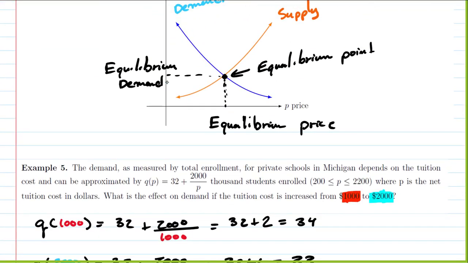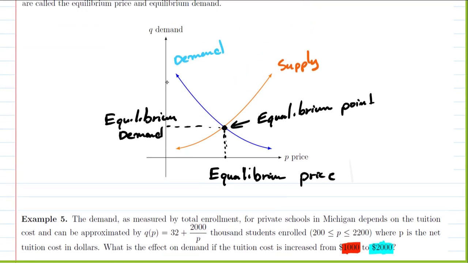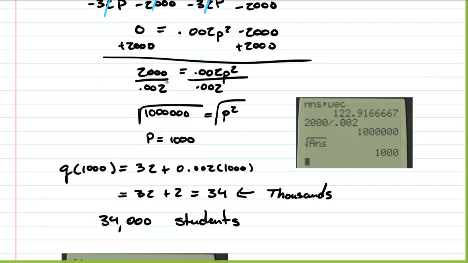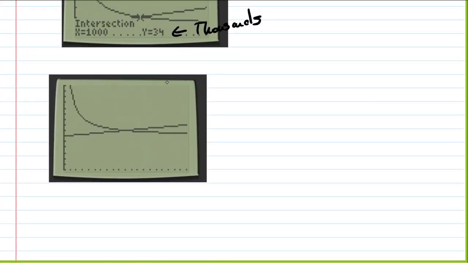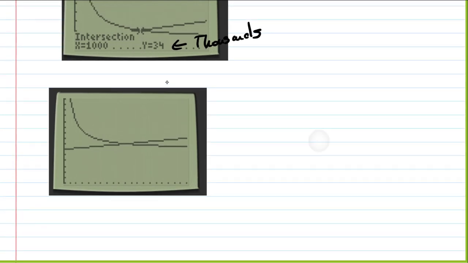So if we analyze, remember, we have our price on the horizontal, and we have our demand on the vertical. So if that's the case, here's our equilibrium point. So our price is going to be down here. So what happens if we start moving this way?